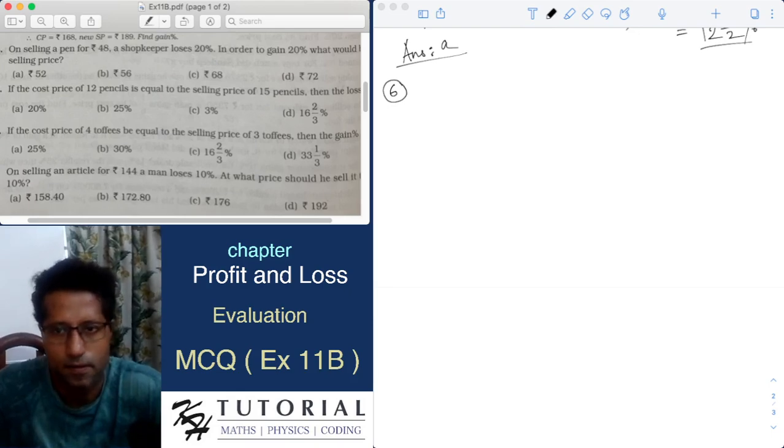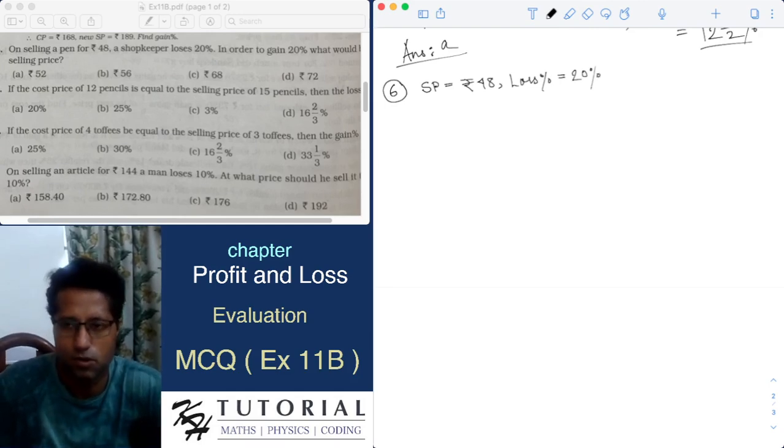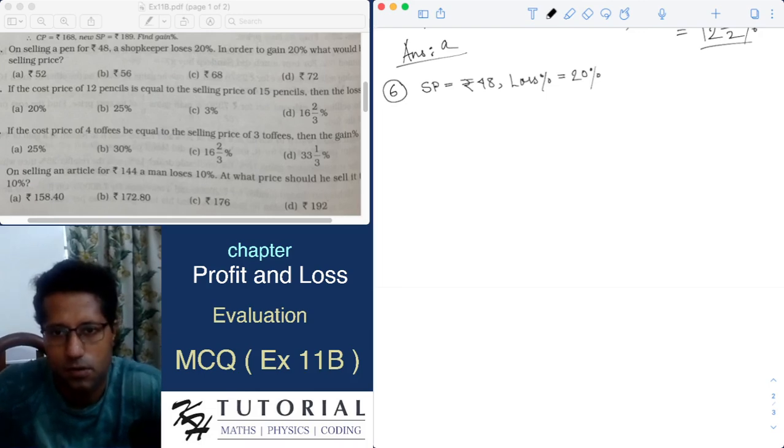It's given that if he sells it for rupees 48, the loss percent is 20%.